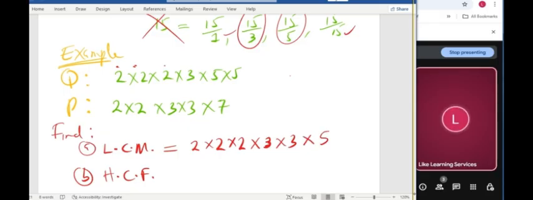No, you've not finished everything. You see, when you are writing out these things, make sure the highest number of 2's must all be written.